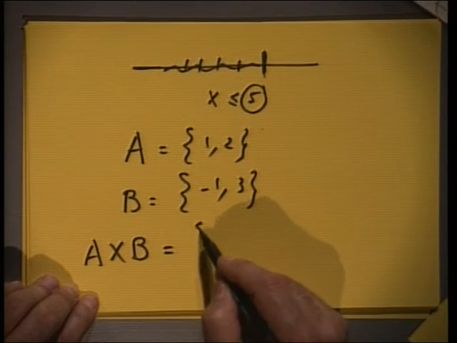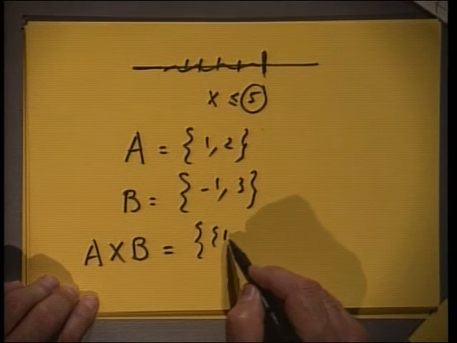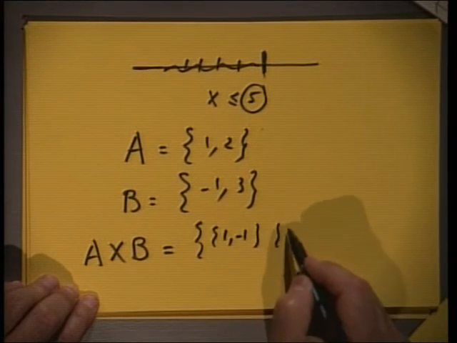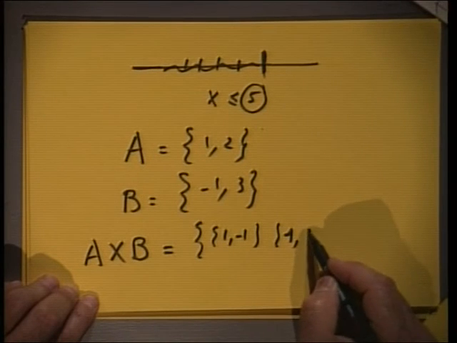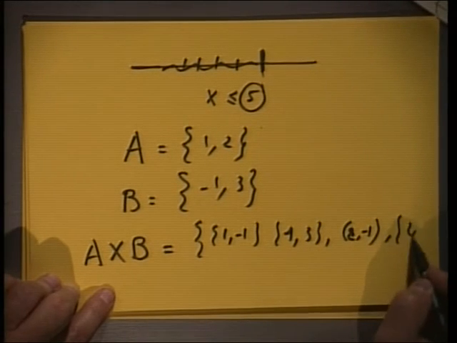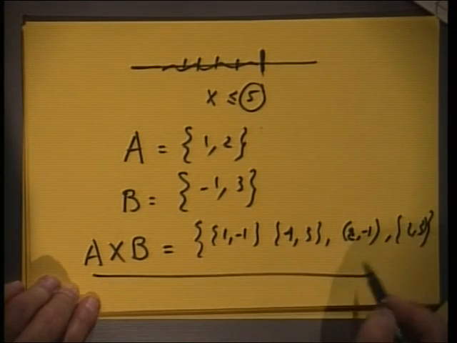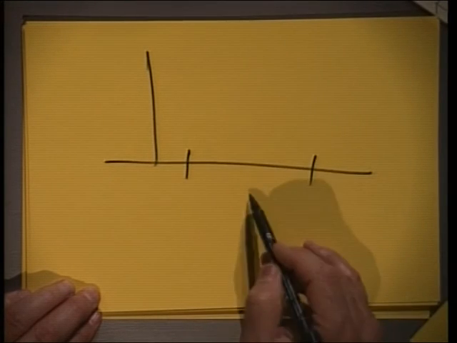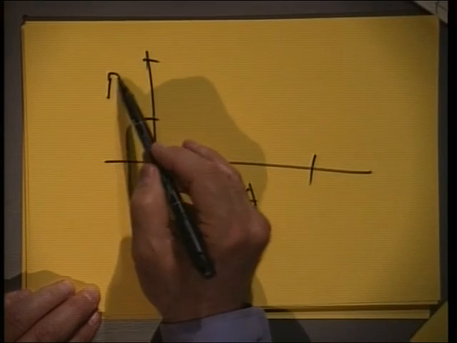So what you take is the set 1 with minus 1 and 1 with 3, and again 2 with minus 1, and again 2 with 3, etc. This is called the Cartesian product of two sets. Of course, if the sets A and B are infinite, like for example this is the set A and this is the set B, you end up with what?